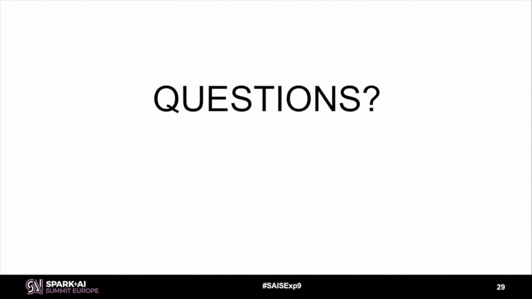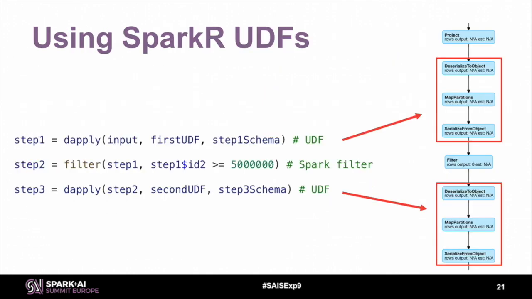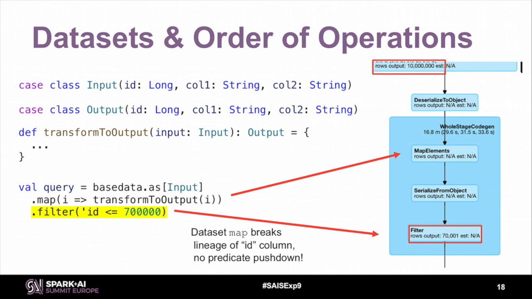So if you notice here, there's this one step, deserialize to object, right? What has to happen when you're doing your dataset transformations is, you have a Java Bean or a Scala case class. So Spark needs to deserialize from the internal Tungsten format into that case class in order for your transformation to run. So one thing is just to be aware of the size of your case classes.